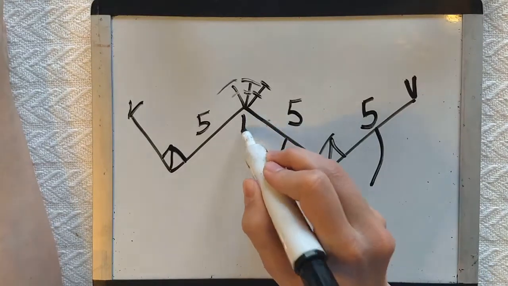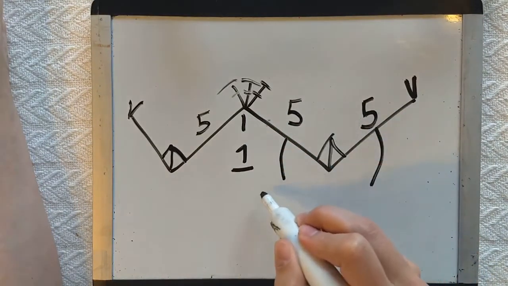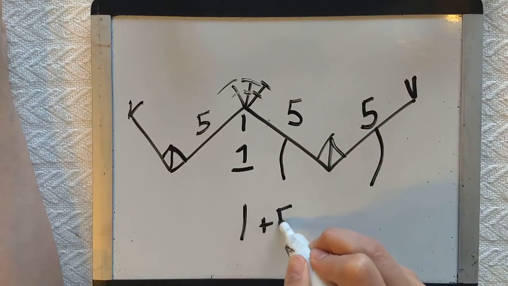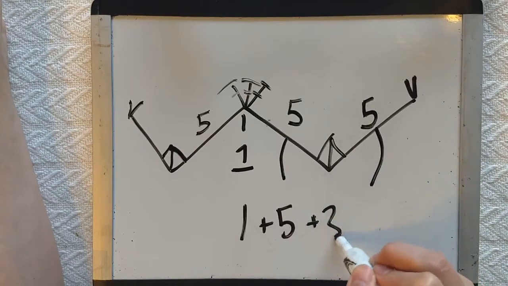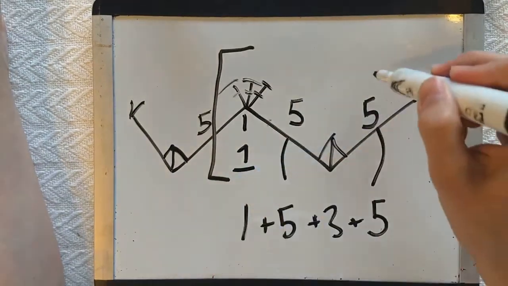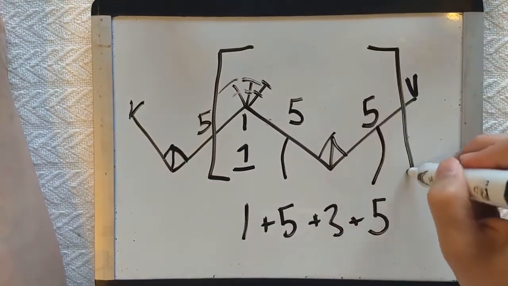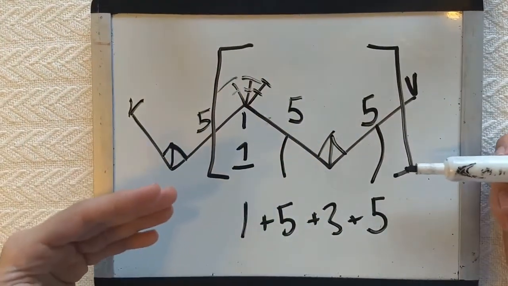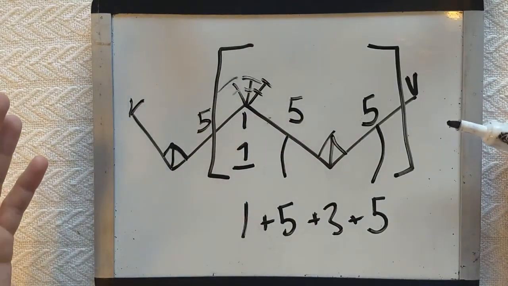And this is 1. So 1 stitch plus 5 stitches plus 3 stitches plus 5 stitches, right? This is 1 repeat of the pattern. If I repeat this over and over, I will make the blanket that I need.